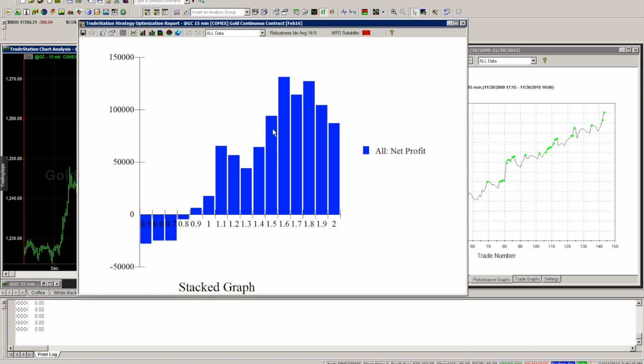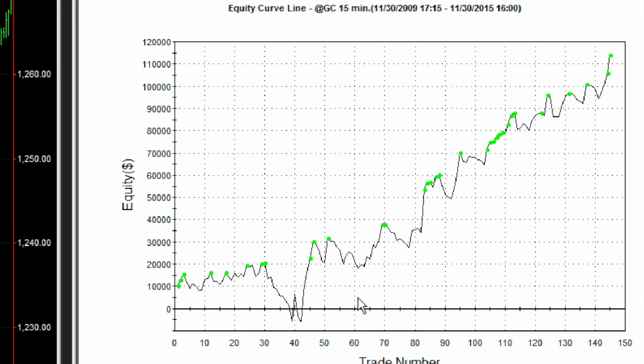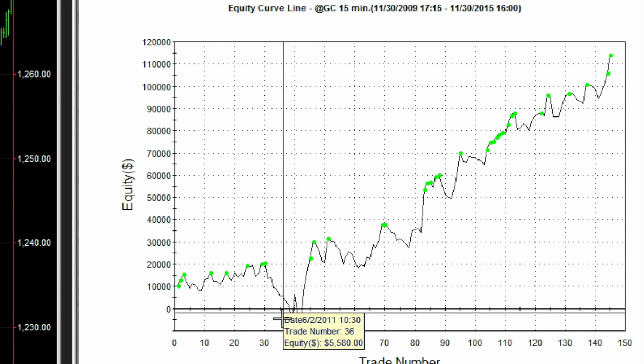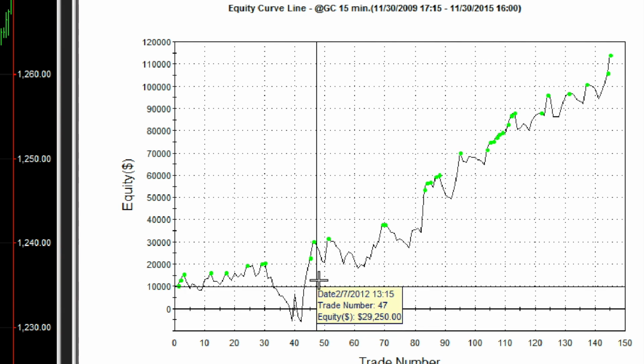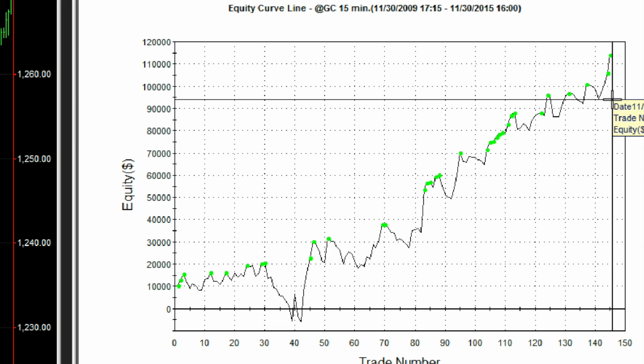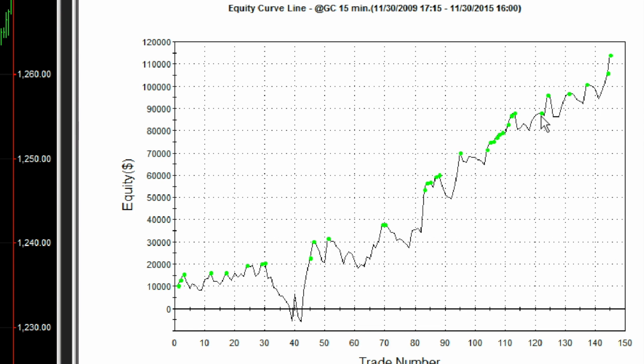I could see that possibly from 1.5 to 1.9, we'll just pick a value in the middle. This one here, 1.7. All right, this is what the equity curve is looking like. We have this big kind of pit that happens right in here all of a sudden, and it does pretty well, and we actually have new equity highs as of just a month ago, and overall looking pretty decent.